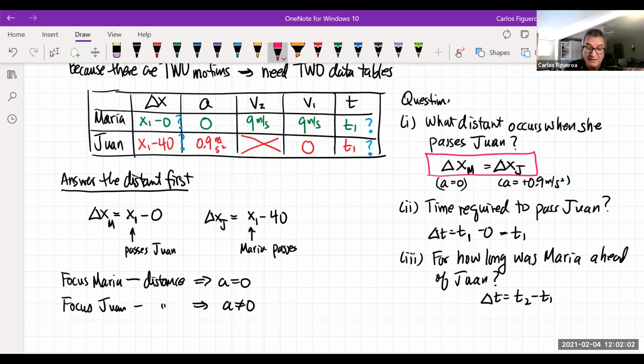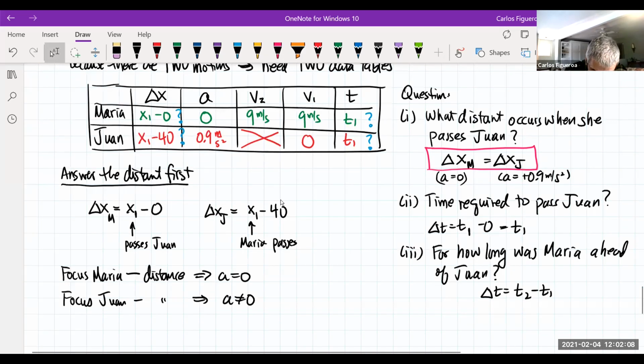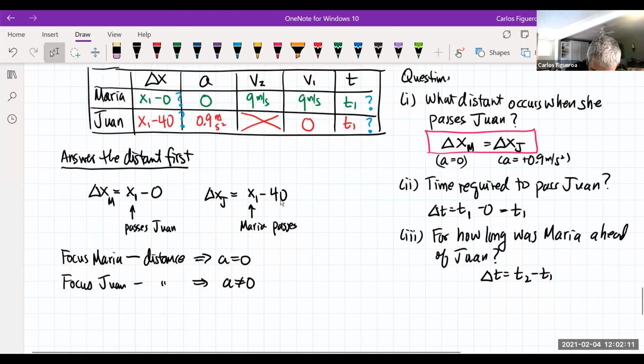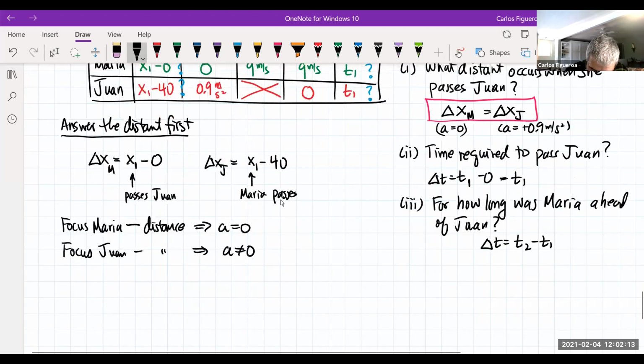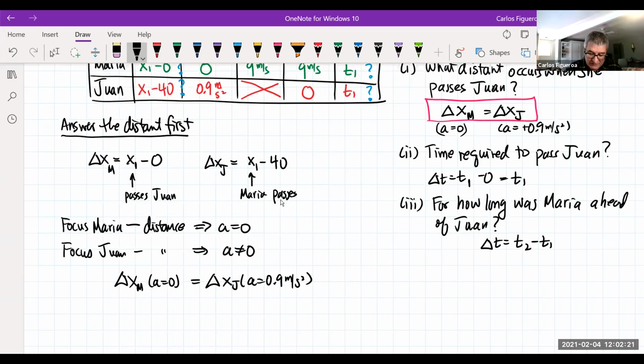So if I focus on this, I know that for 0 acceleration, this must be true for Juan with acceleration equal to 0.9 meters per second squared.